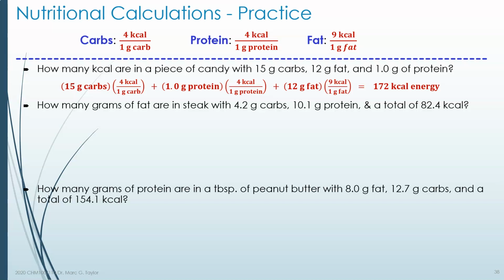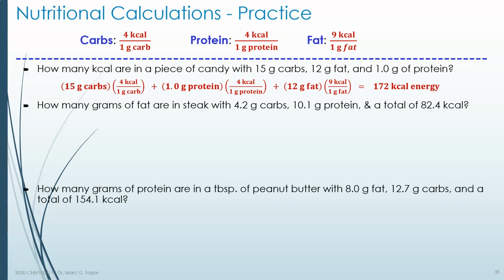And you see you have 60 kilocalories from carbs, you have 4 kilocalories from protein, and 12 times 9 would be 108 kilocalories from fat. You add these up, and you get 172 kilocalories, or 172 big C calories of energy from this piece of candy. That's a big piece of candy.